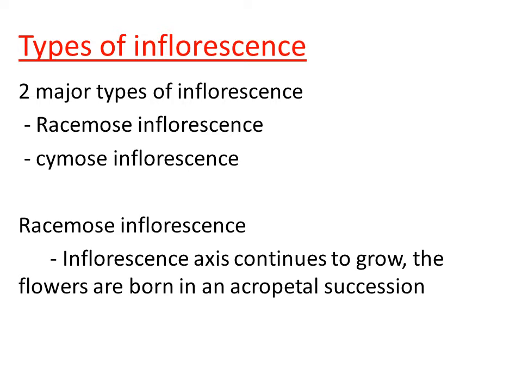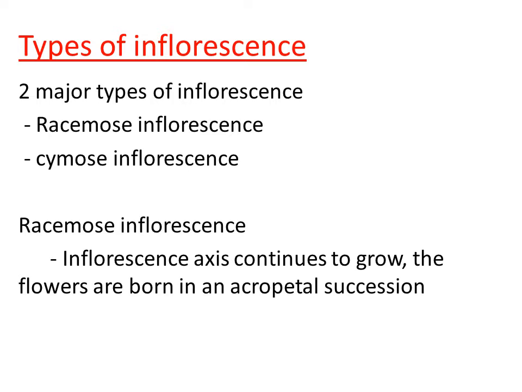What do you mean by acropetal succession? The older flowers are present at the base of the inflorescence axis and the smaller, younger flowers are present towards the tip of the inflorescence axis. This kind of arrangement is called acropetal succession.